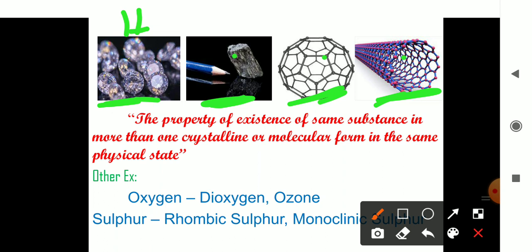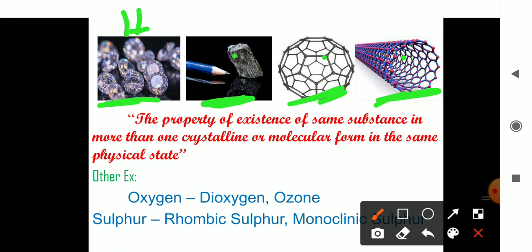Why I have placed these pictures is because all these are types of the same element. Diamond is another form of carbon, graphite is another form of carbon, fullerene is another form of carbon, and carbon nanotube is also another form of carbon. So a same element can exist in more than one physical modification.